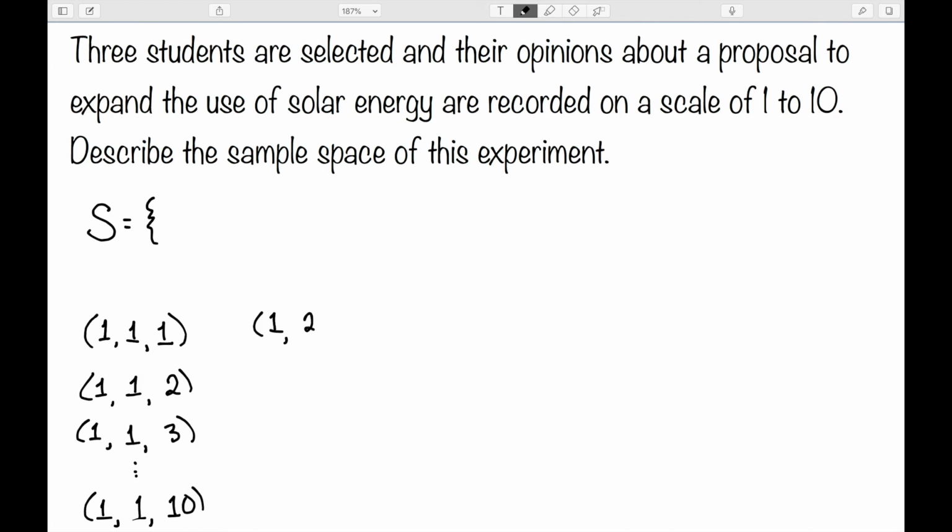It could be that the second one said 2. The second one said 2, the third one said 2. And we can kind of continue this process down.